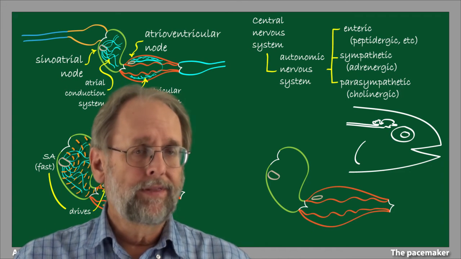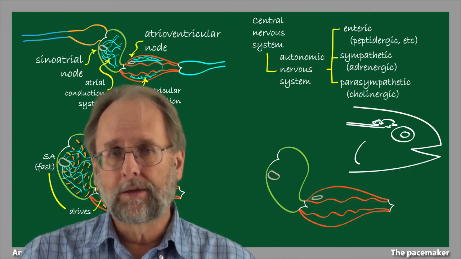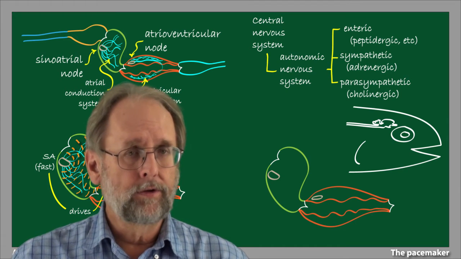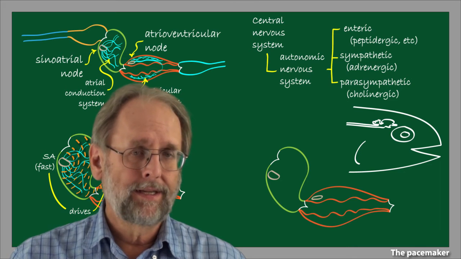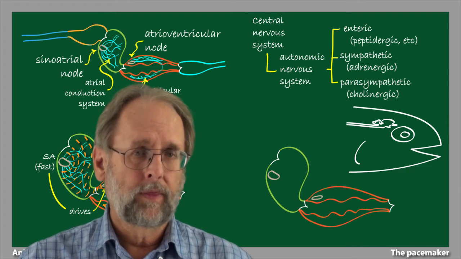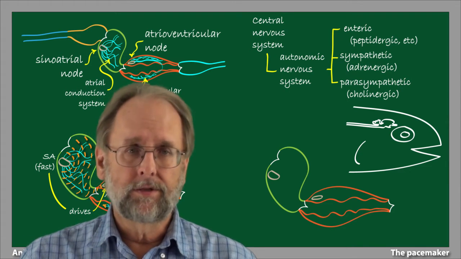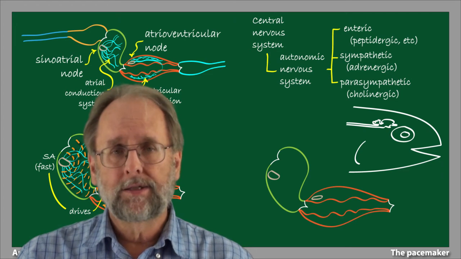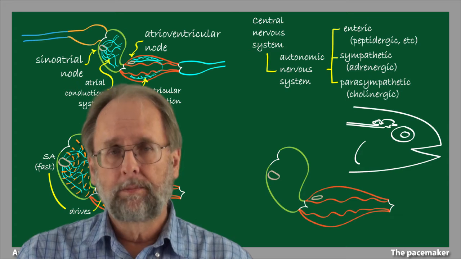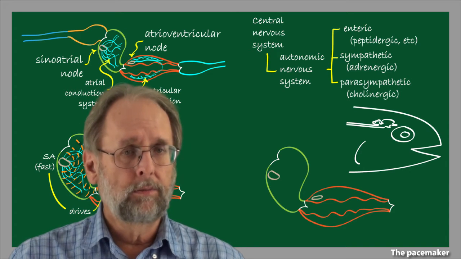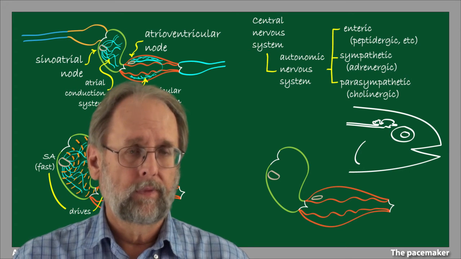In the case of the sympathetic nervous system, it is adrenaline or noradrenaline that is the neurotransmitter, and so the sympathetic nervous system is said to be adrenergic. The parasympathetic system, in contrast, uses acetylcholine as its neurotransmitter, and therefore the parasympathetic system is said to be cholinergic.